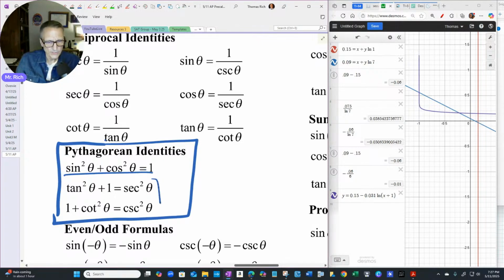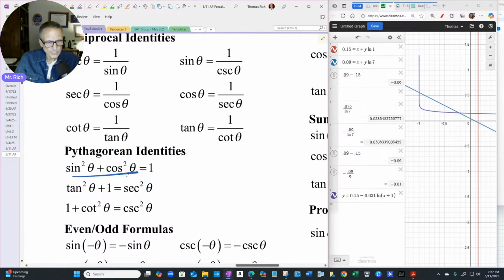There's still a decent chance you'll have to use one of those two somewhere along the way. And don't forget that as long as you memorize this first one, these other 2 can be derived from the first one. Because if you take this equation and divide all the way through by sine squared, you're going to get this one. If you divide all the way through by cosine squared on both sides of this equation here, you will get that one right there. Okay, so you can derive those other 2.